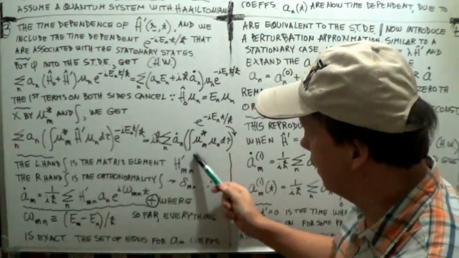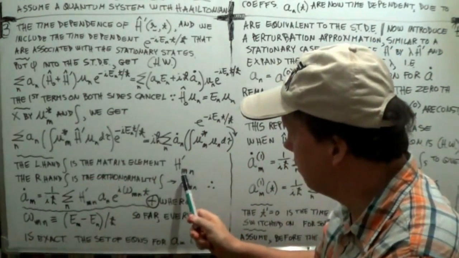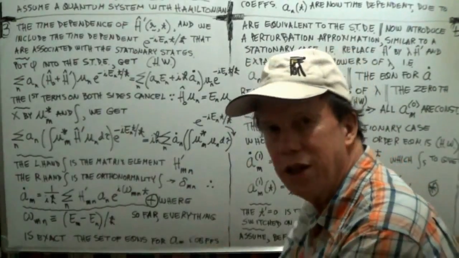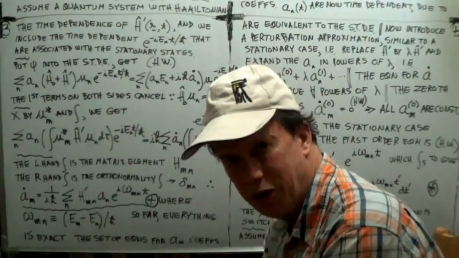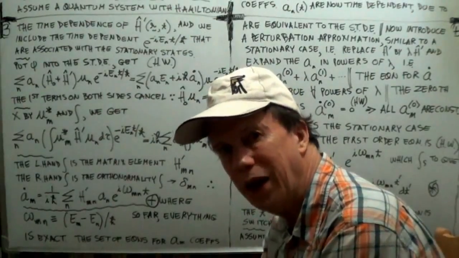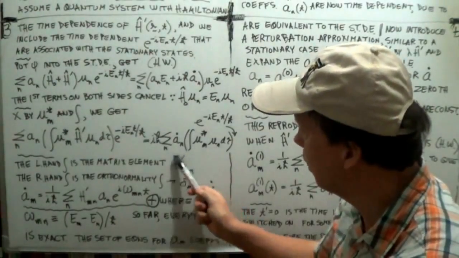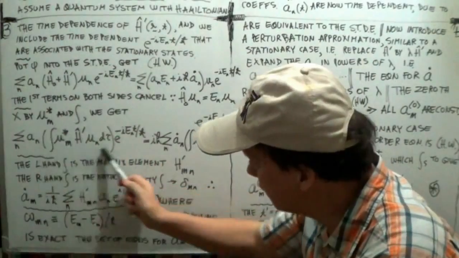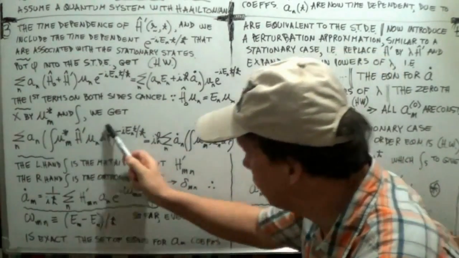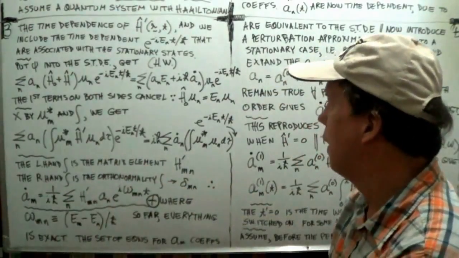If m and n range over big N elements, then that matrix would have big N squared elements, and this is just one of them. So you can rewrite that as just H dash mn.